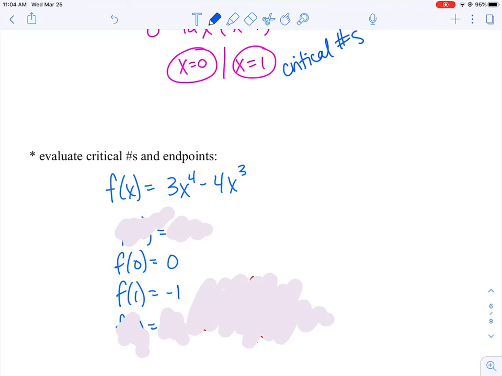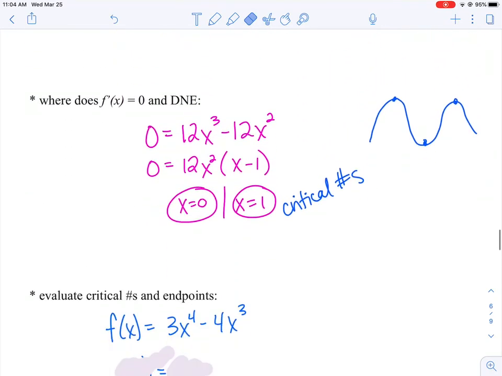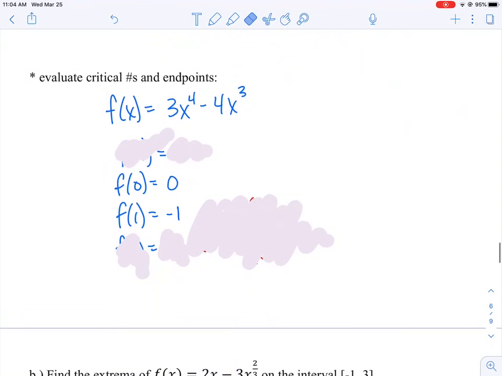Okay, so that's where my little humps are, right? My highs and my lows. But who could be higher or lower than those critical numbers or those relative extrema? Well, can I have endpoints that might be higher or lower? And so what I have to do is I also then have to test my endpoints. Remember, my interval was from -1 to 2, so those are my two endpoints.